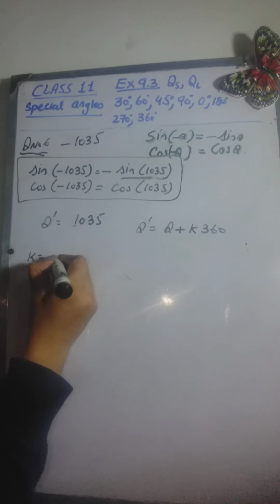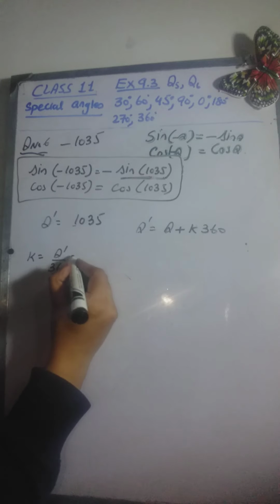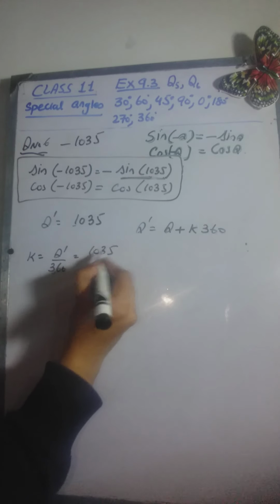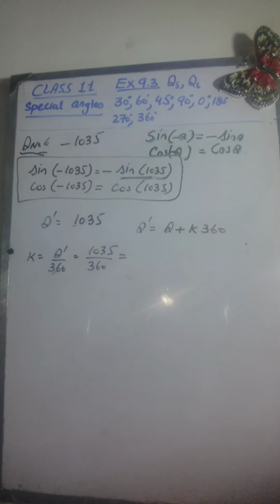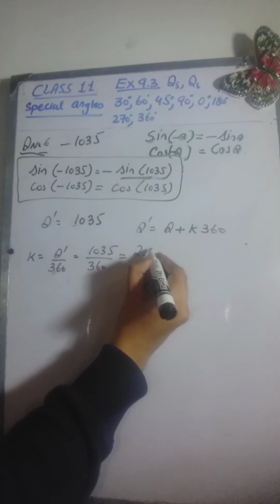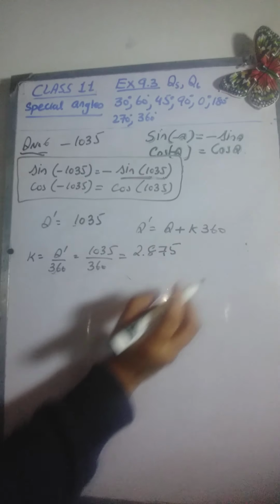K will be theta dash by 360 as we did earlier. 1035 divided by 360 approximately gives us the value 2.875.